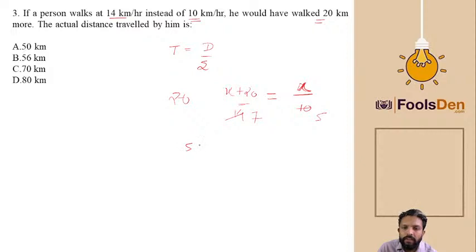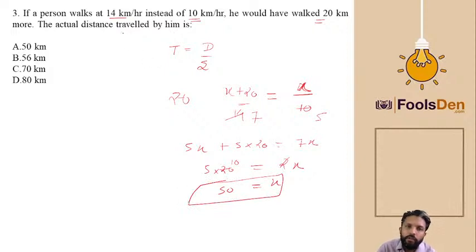Here you will get 5x plus 5 into 20, and here 7x. You get the result as 2x equal to 5 into 20, so x equal to 50. Now what is the question? What is the actual distance? The actual distance is x only, so the total distance is the value of x, 50 kilometers.